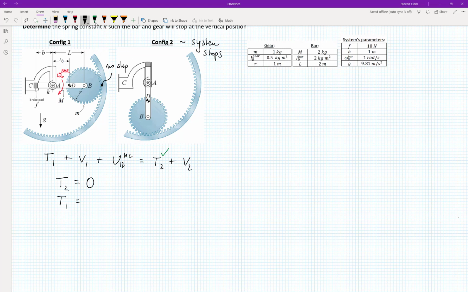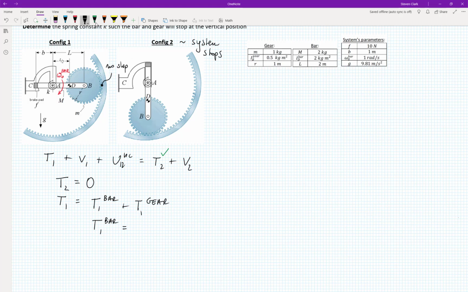So T1 can be decoupled into T1 of the bar and T1 of the gear. Let's focus on T1 of the bar. And let's use Koenig's theorem to express it.